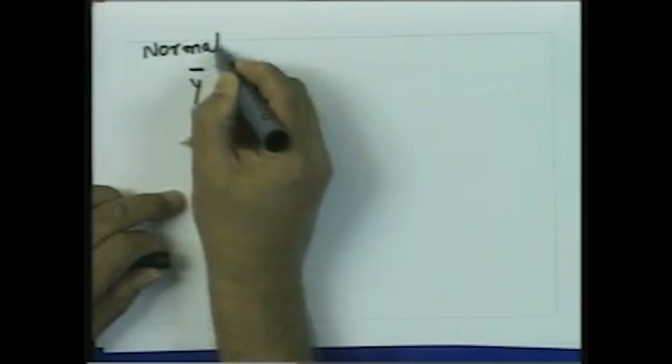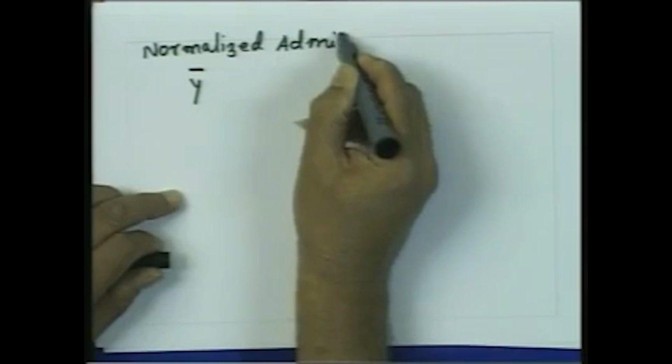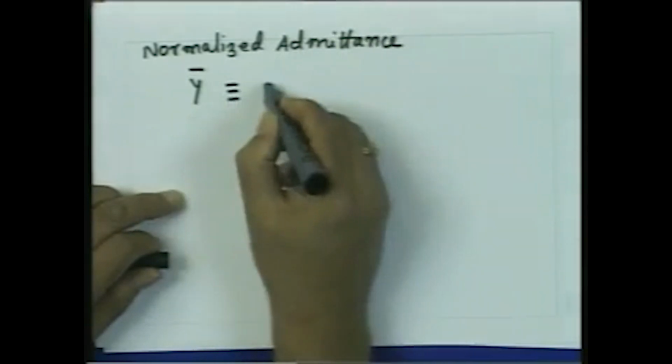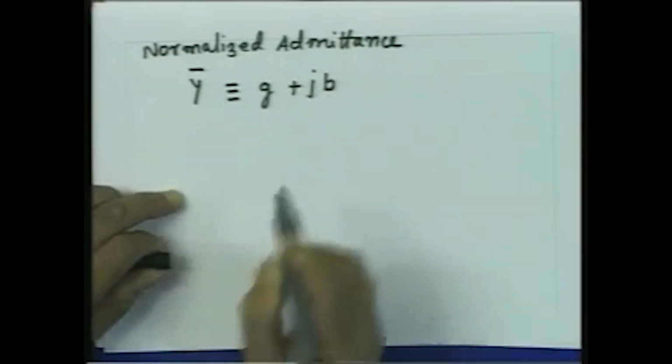Let us say the normalized admittance is denoted by small g plus jb. So, y bar, which is normalized admittance, let us denote that by the conductance plus the susceptance, which is jb.